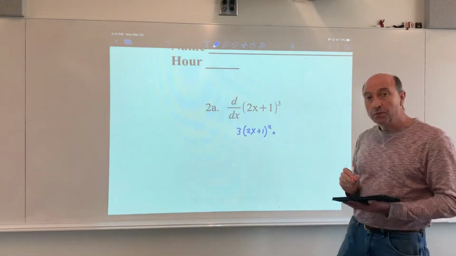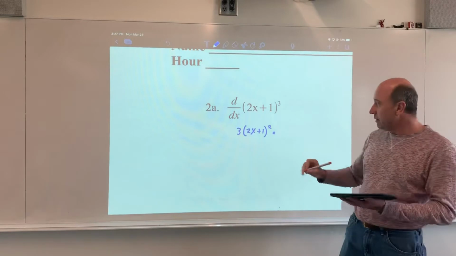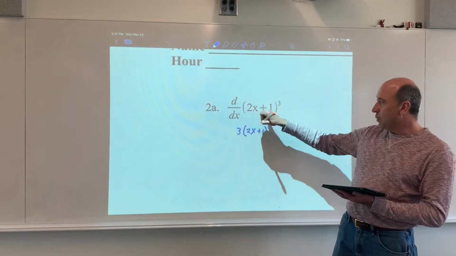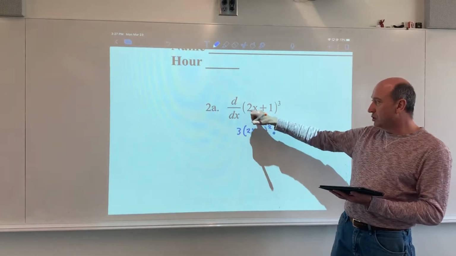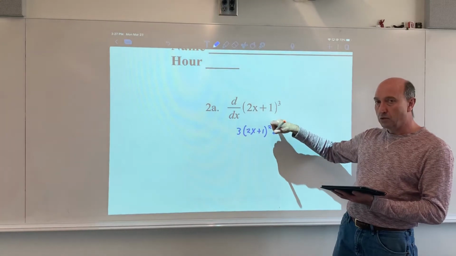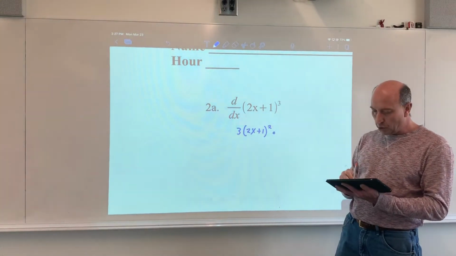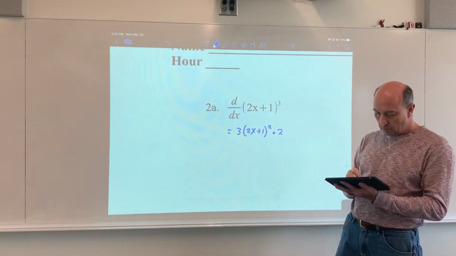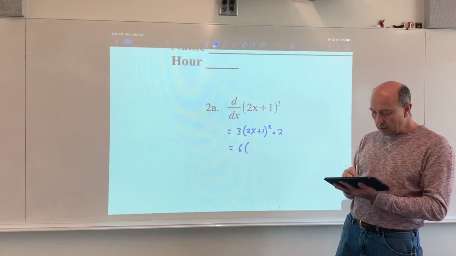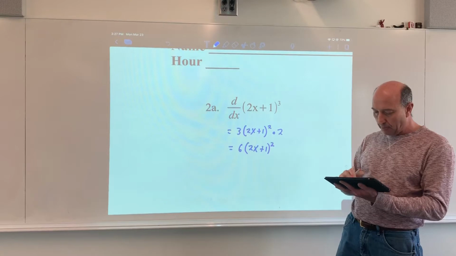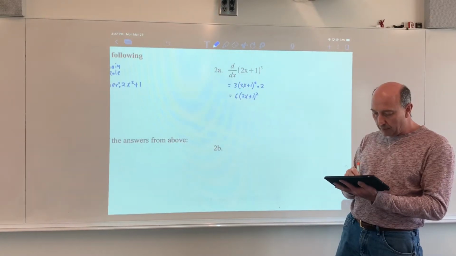Now we will multiply it by the derivative of the inner. 2x plus 1. The derivative of 2x is 2. The derivative of 1 is 0. So it's 2. So it's 6 times 2x plus 1 squared. That becomes the problem.